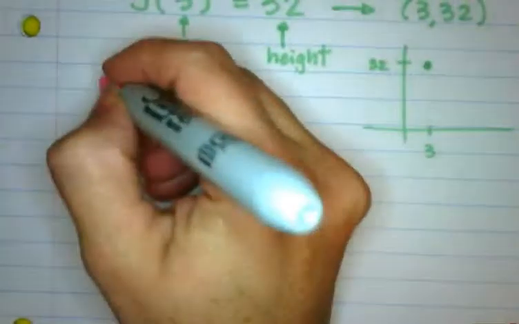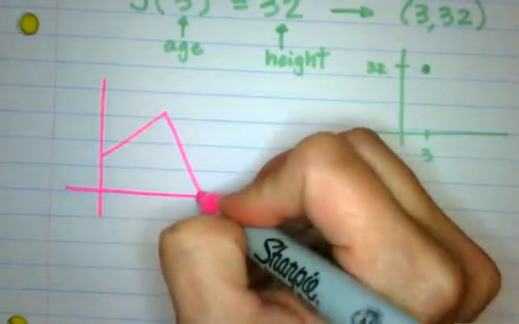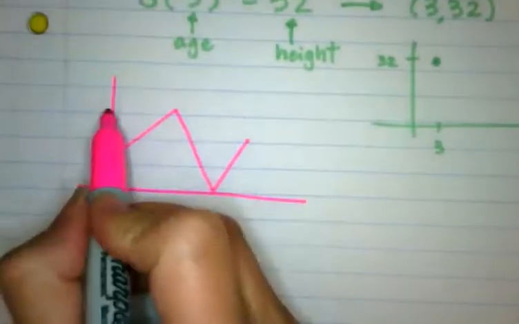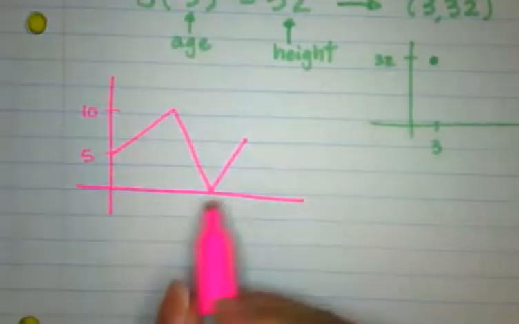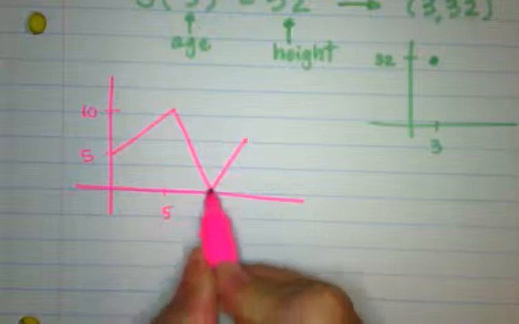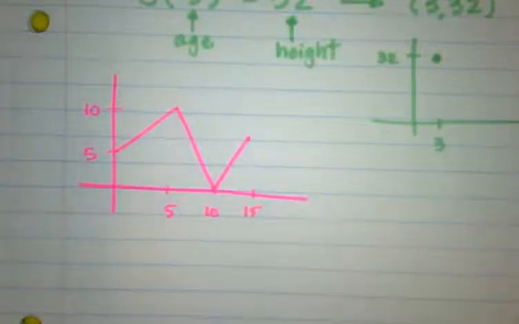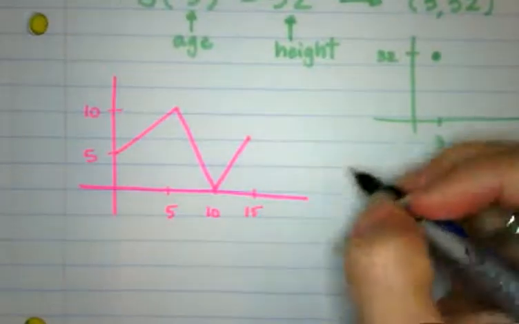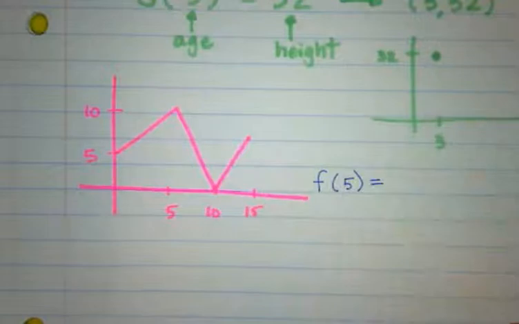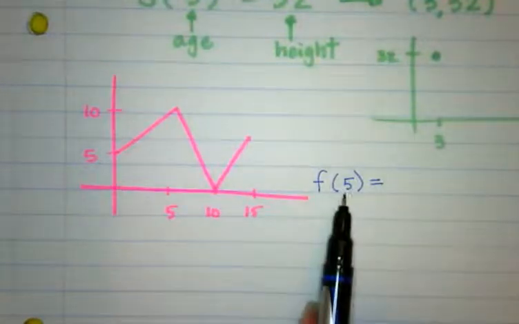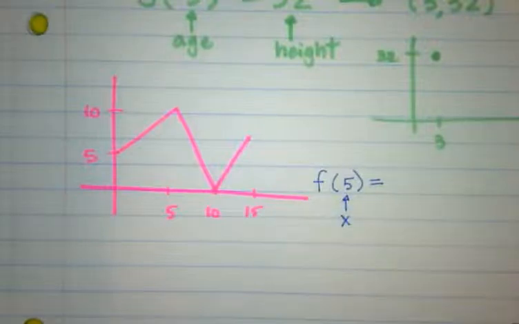And what I mean by that is if you had a graph, and let's just say it does something like this. Let's say this up here is 10. We'll call this 5. We'll call that 5. We'll call this 10. We'll say that's 15. So just to put some numbers to it. If I was asked to find f of 5, that tells me that my x is a 5. So this right here, remember, is the x.